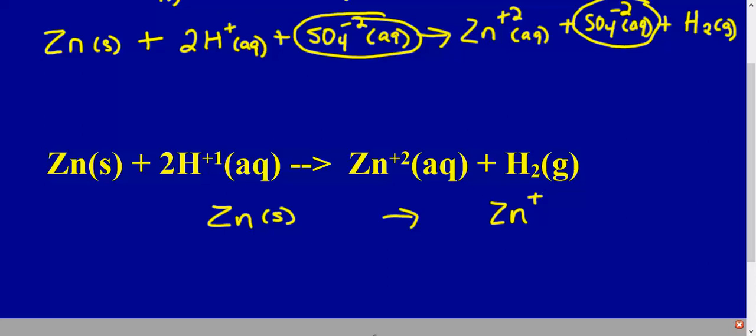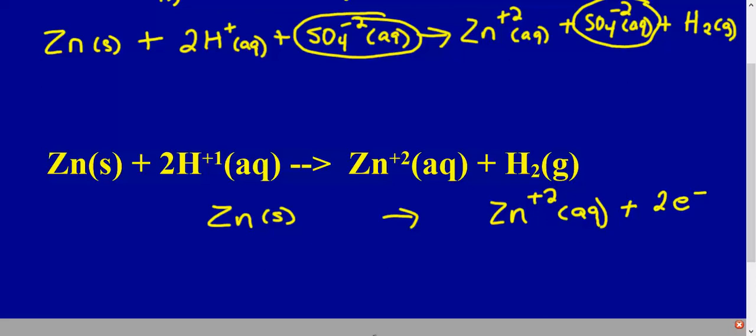Then you have to decide which side you need to add electrons to balance the charge. The charge is 0 on this side and +2 on that side. If you add negative electrons here, this will be negative and that will be positive. But if you add electrons on this side, you can bring that charge down to 0. So because it's a +2, you need to add 2 electrons. And now that's balanced.